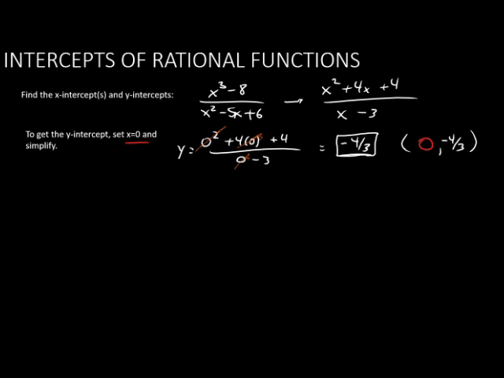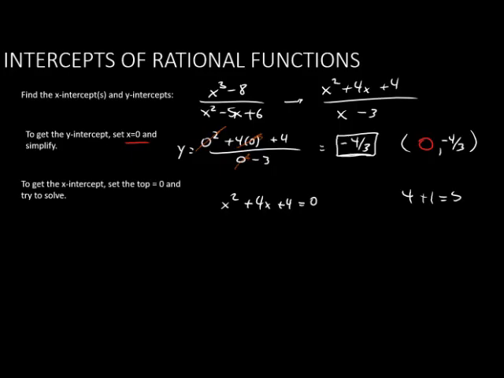In order to get the x-intercept now, we'll set the top equal to 0 and try to solve. We'll now set x squared plus 4x plus 4 equal to 0. Now let's think of two numbers that multiply to 4. If we tried 4 times 1, that would give us 4.